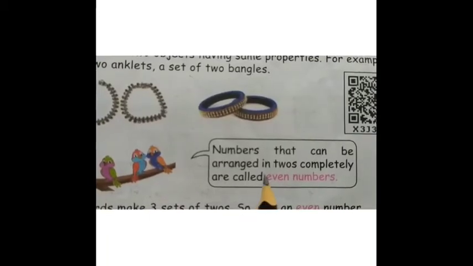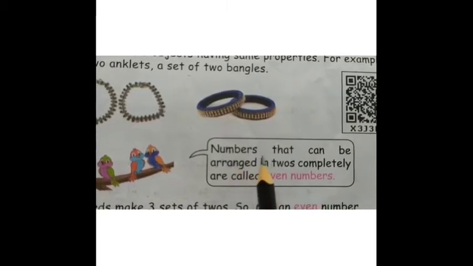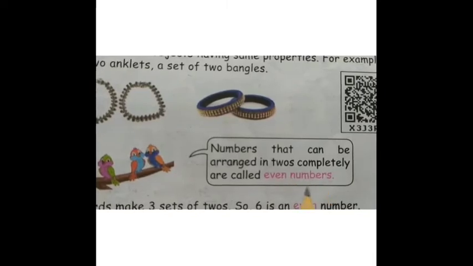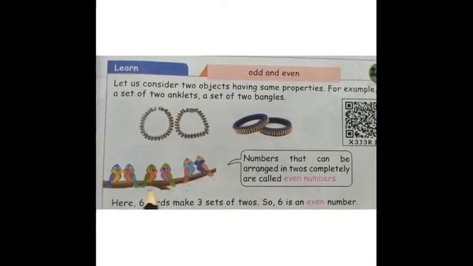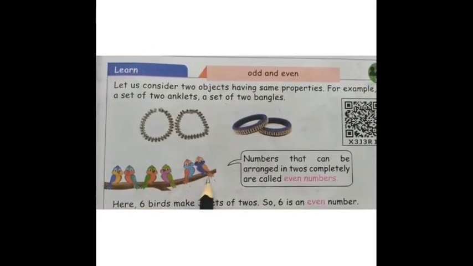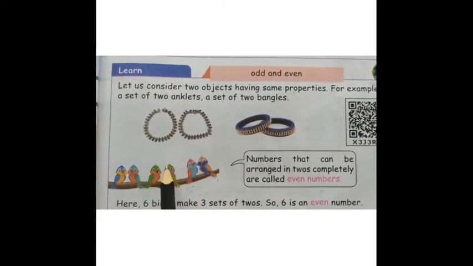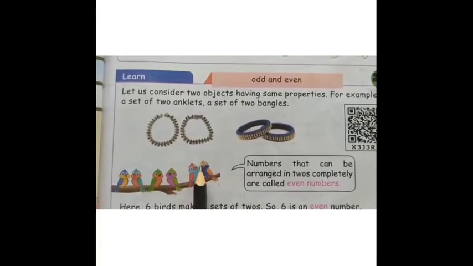Let us see what are even numbers. A number that can be arranged in twos completely are called even numbers. Here, there are 6 birds. We have to arrange the birds in twos. 1, 2, 3, 4, 5, 6.